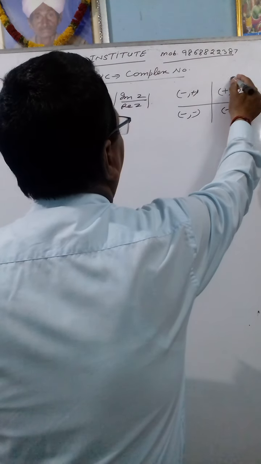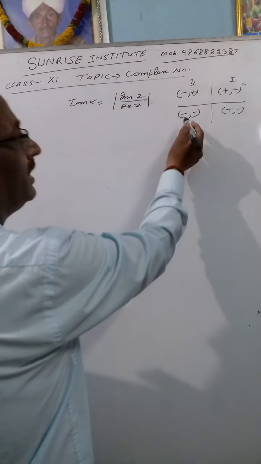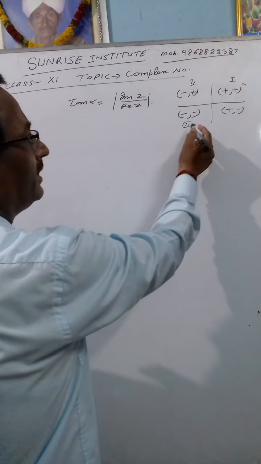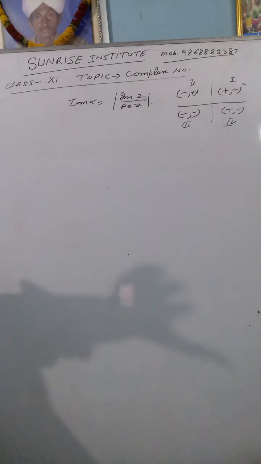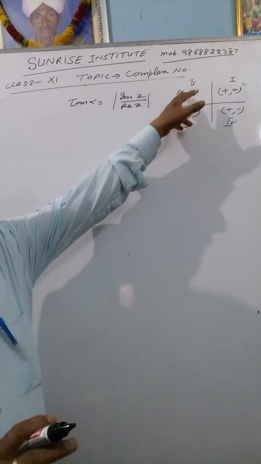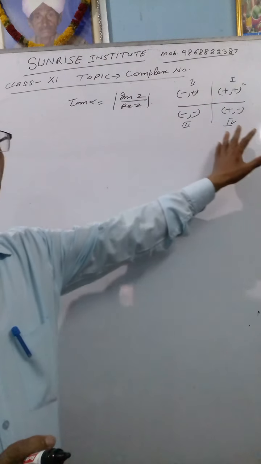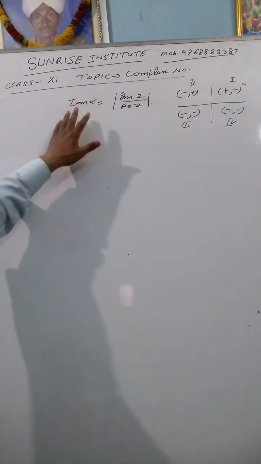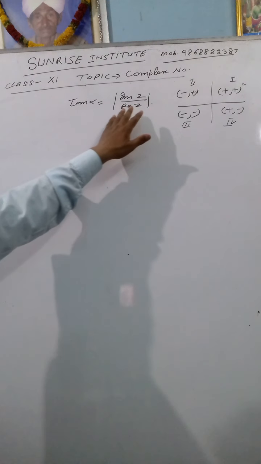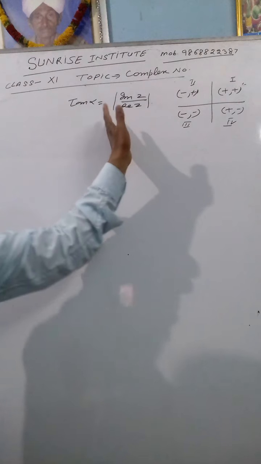This is the first quadrant, this is the second quadrant, this is the third quadrant, this is the fourth quadrant. Here x is the real part, the first coordinate, and the second is the imaginary part. Then tan alpha equals imaginary part of z upon real part of z to find the theta.